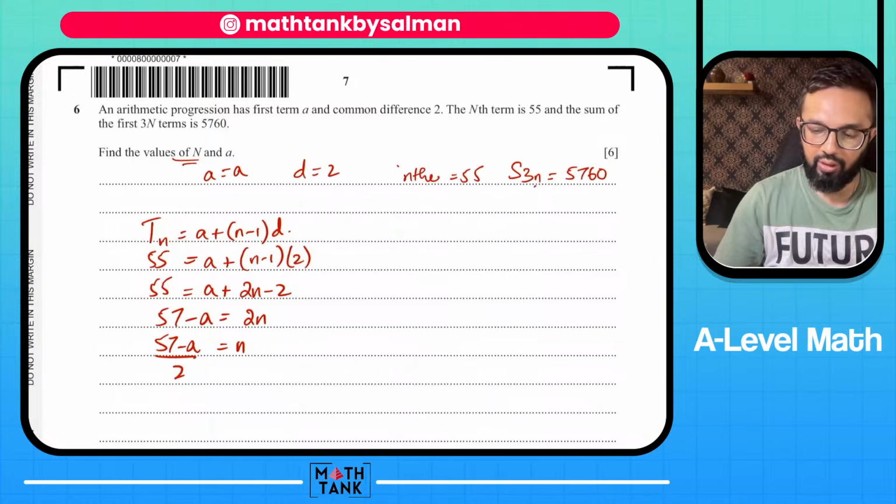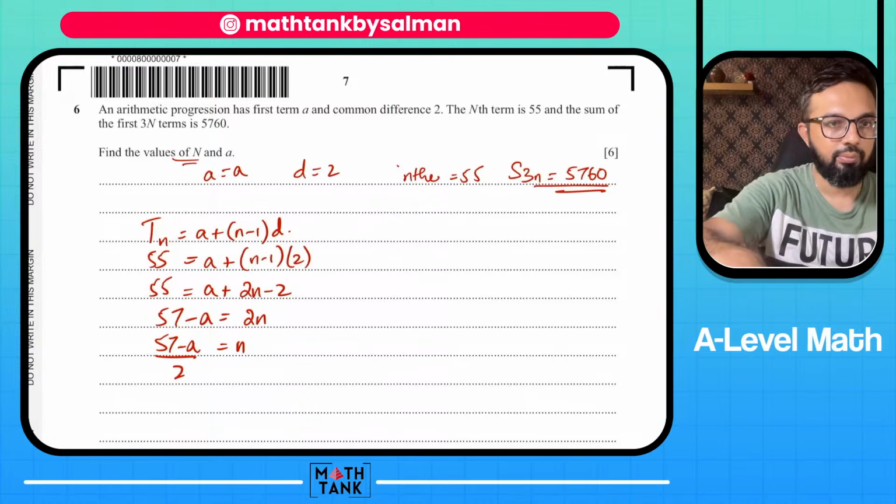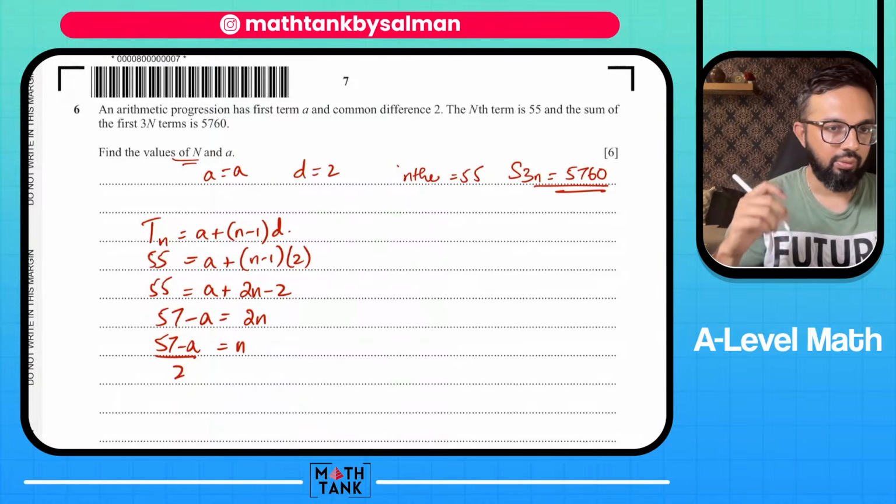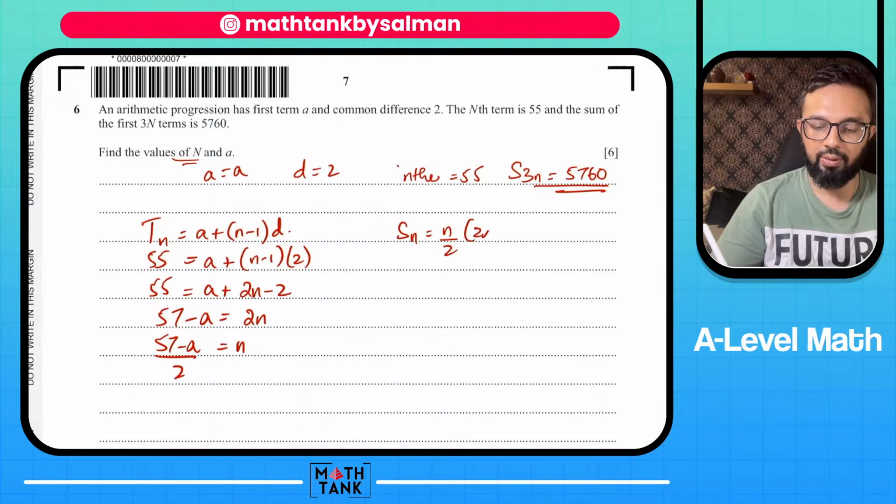Okay, the sum of 3n terms is 5760, which means that I will end up with a set of simultaneous equations. So the sum of n terms is n over 2 times 2a plus n minus 1 times d.